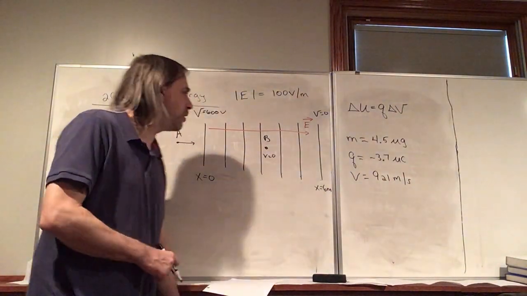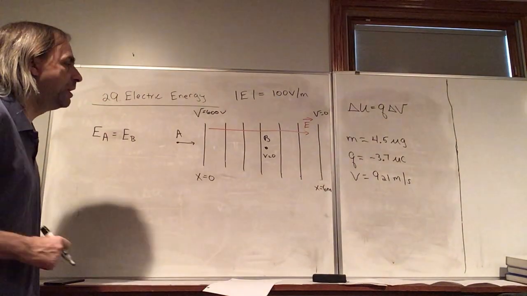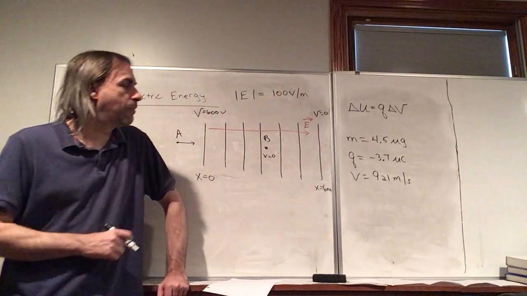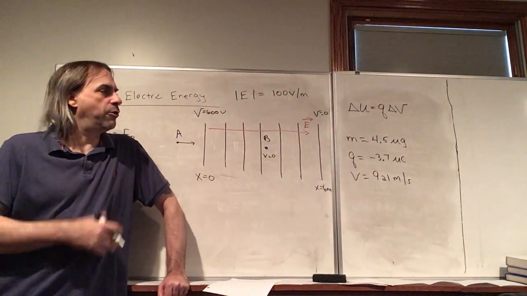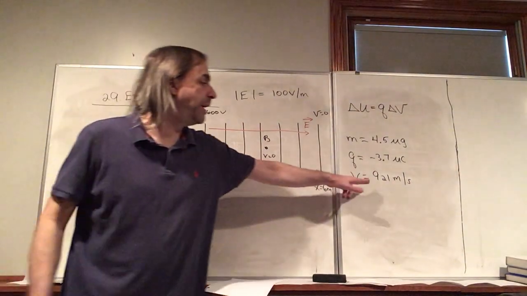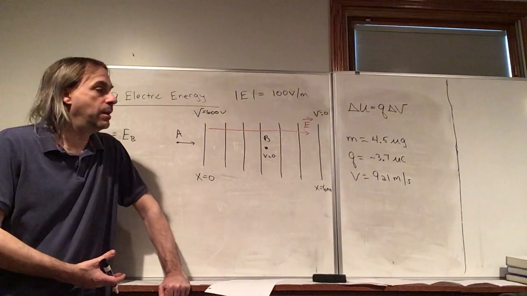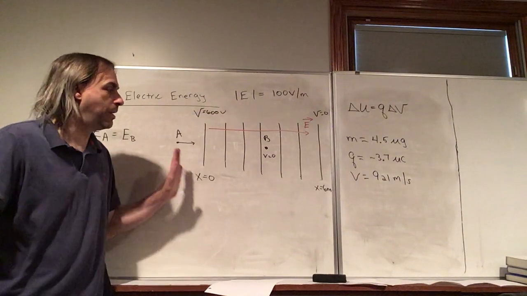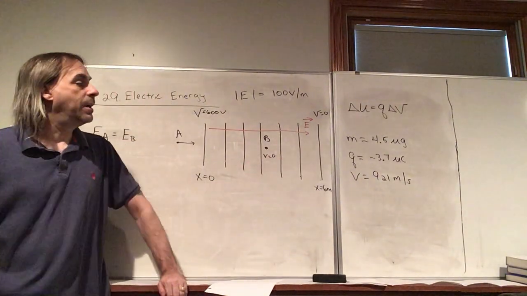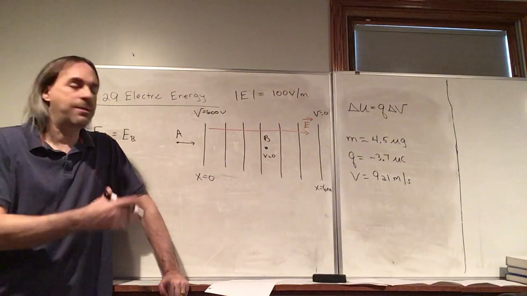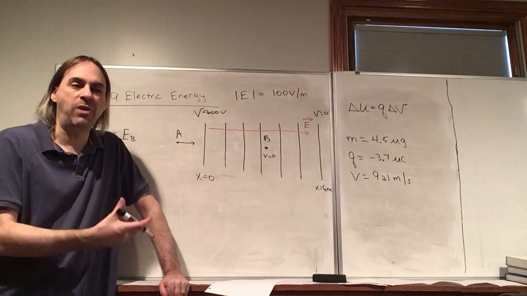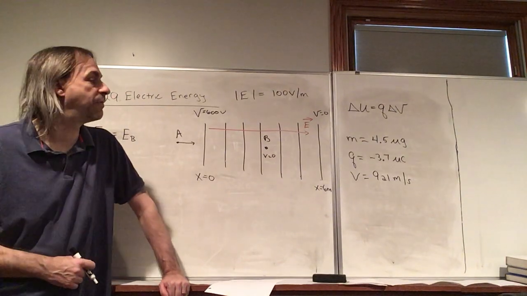If we had gravity, that would be another term to worry about. But this is a fairly realistic assumption because this thing is moving at 900, almost a kilometer per second, so it's not going to go all that far. We're talking about a very short time interval, and gravity is not going to have much of an effect.